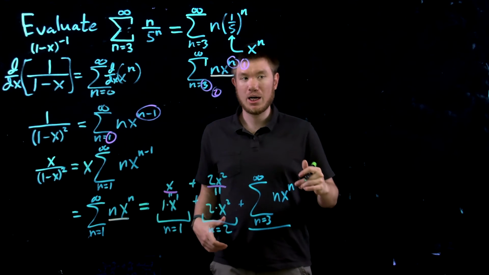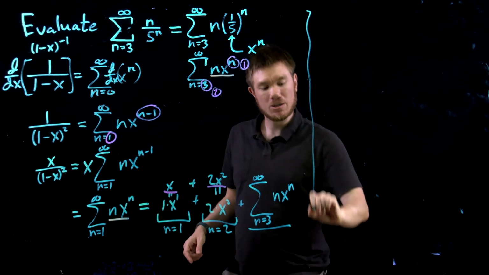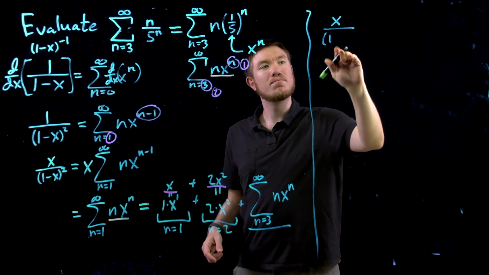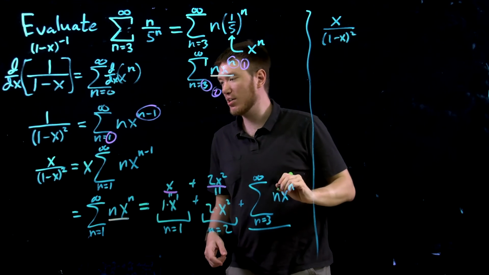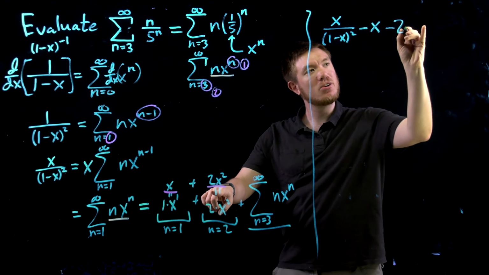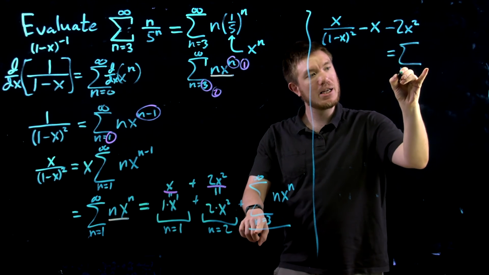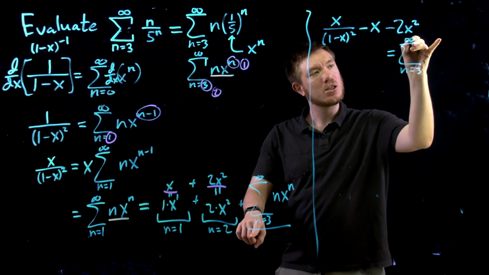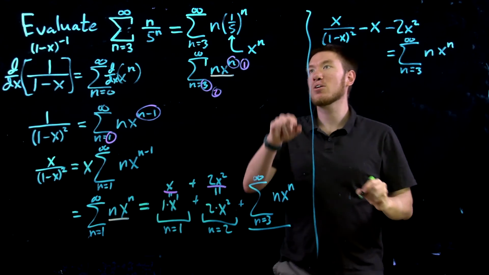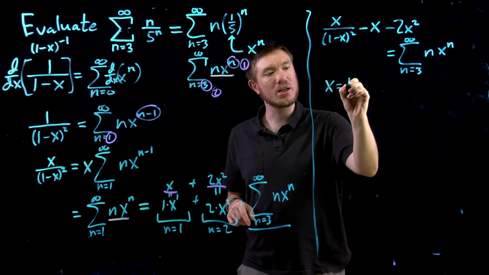By doing that, what we end up with is x over the quantity 1 minus x, quantity squared, minus x minus 2x squared, and we know this is equal to the sum n going from 3 to infinity of n x to the n. Now remember that we want to think about this 1/5 here as the value of x we want to plug in.